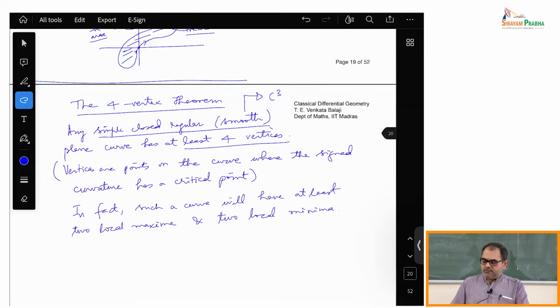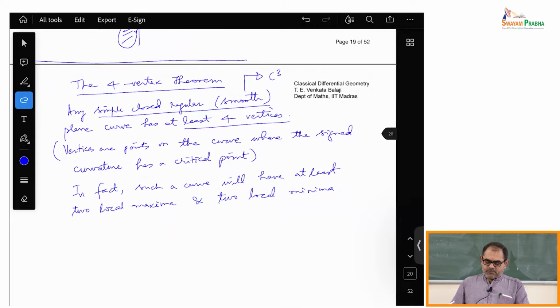This is a stronger statement, because you are saying that there are going to be at least 4 vertices which are actually local maxima or minima.